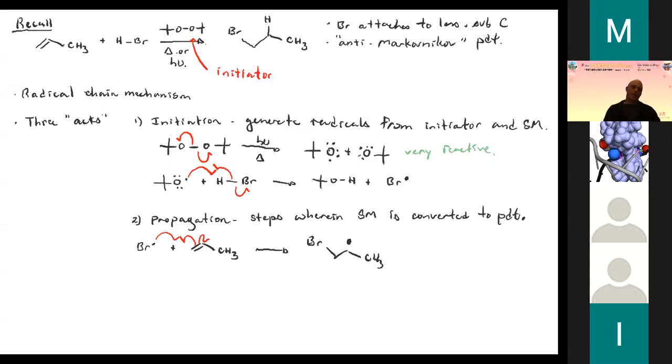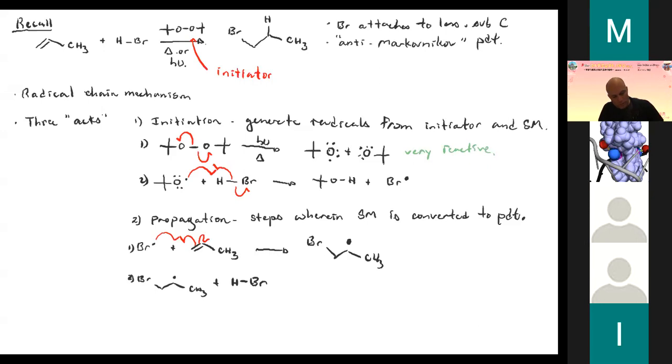Okay. And in the second step of the propagation, that alkyl radical is going to find another molecule of HBr and abstract a hydrogen atom.